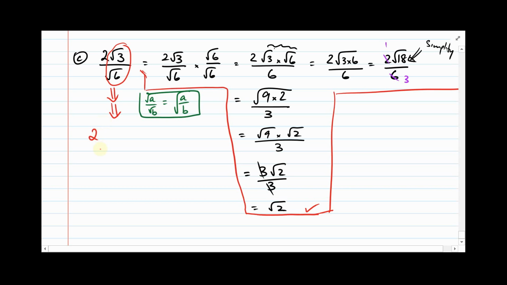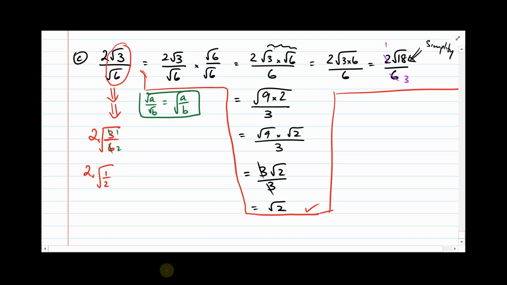This could be written as 2 times the square root of 3 over 6. If I reduce what's inside, I end up with the square root of a half. So I have 2 times the square root of a half.